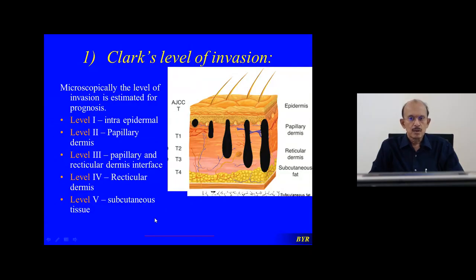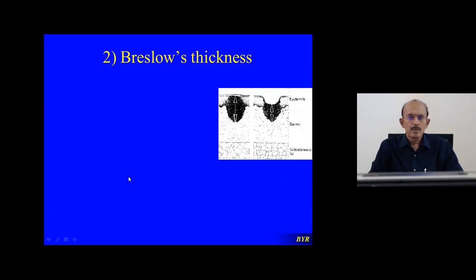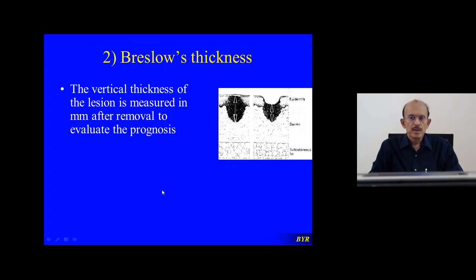Then there is one more method of measuring the depth of infiltration, that is Breslow's thickness. The vertical thickness of the lesion is measured in millimeters after removal of the tumor to evaluate the prognosis.